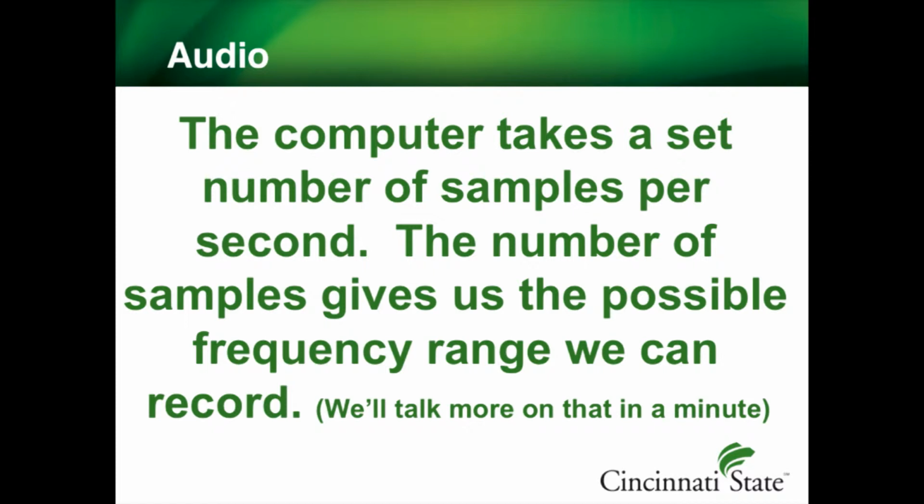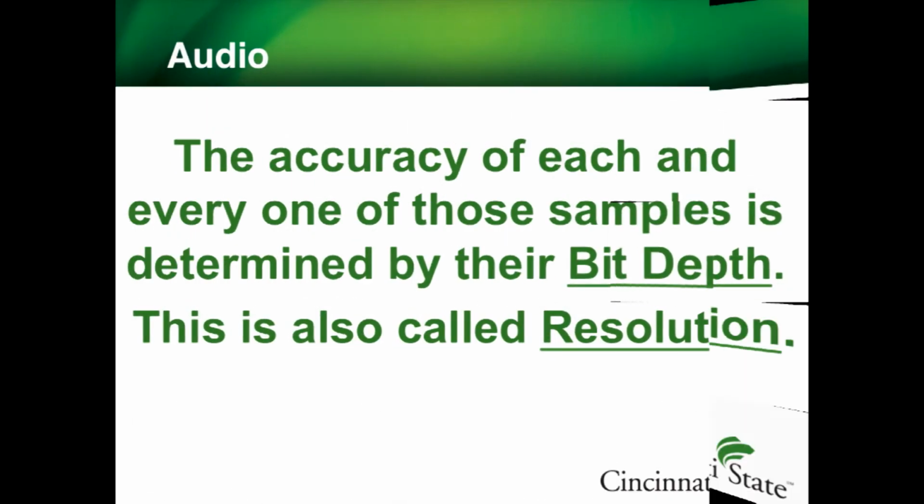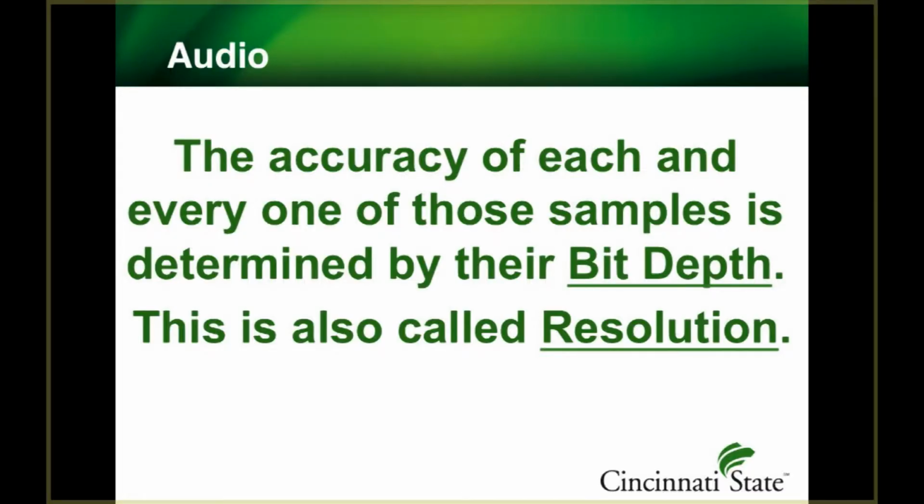The number of samples gives us the possible frequency range we can record. The accuracy of every one of those samples is determined by their bit depth. We're going to go into this a lot more in the next lecture about what bit depth actually means. But for now, just think of bit depth as all about resolution. How good are our measurements?